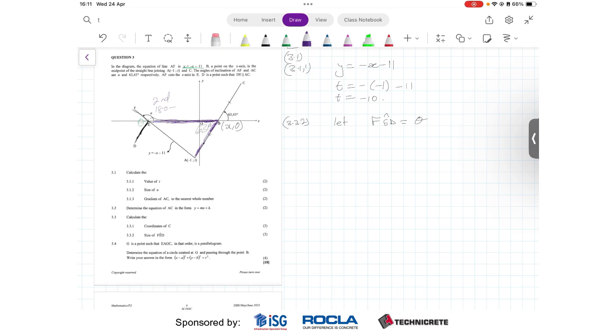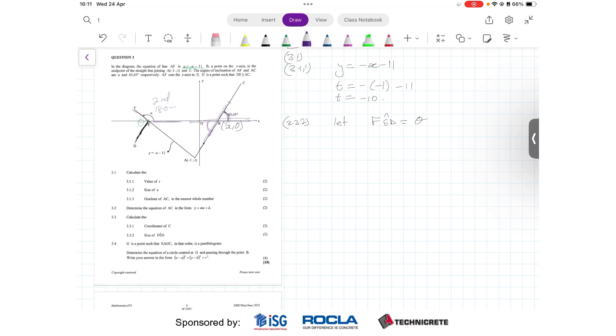And why do we know that? Well, we know that because the x-axis and line AC create vertically opposite angles where they intersect.